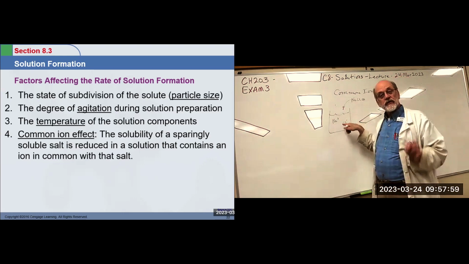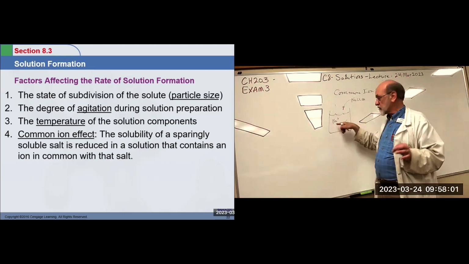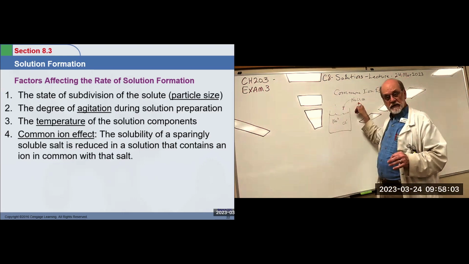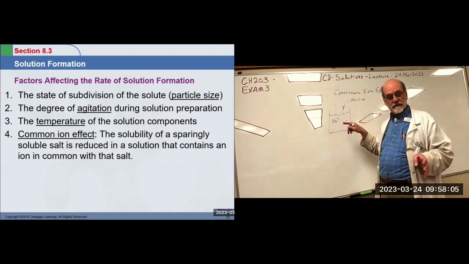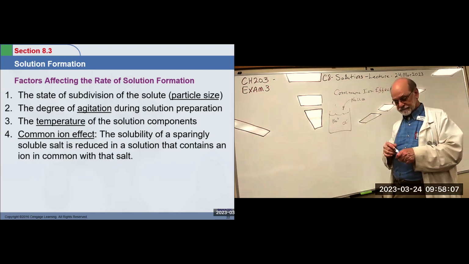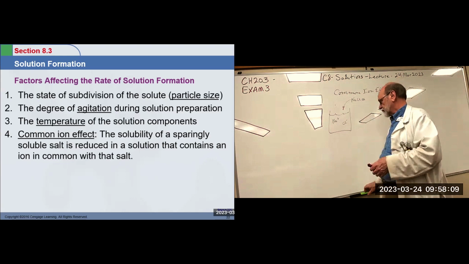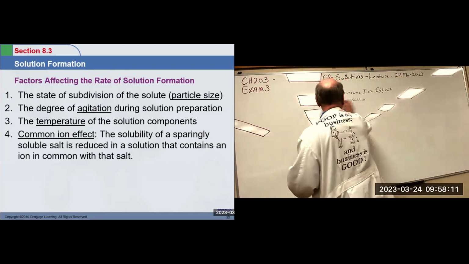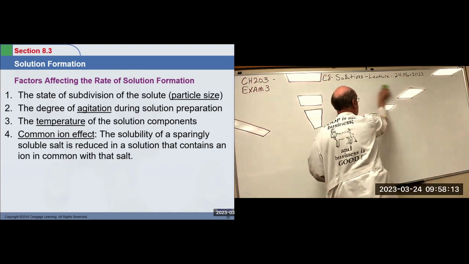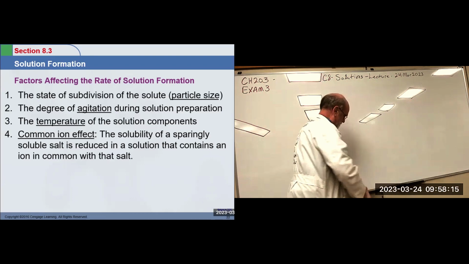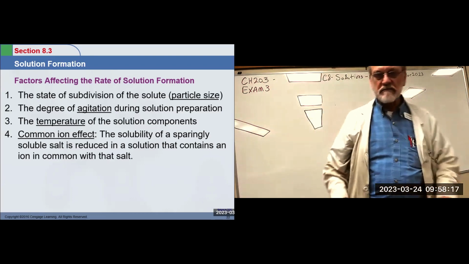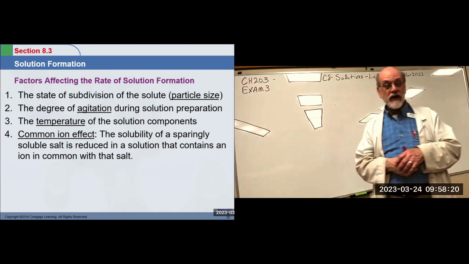It's going to dissolve slower if there are some ions common to the solid already in solution. It slows the process. That's all that means. If there are ions that are common to both in the solution, then it slows the process.